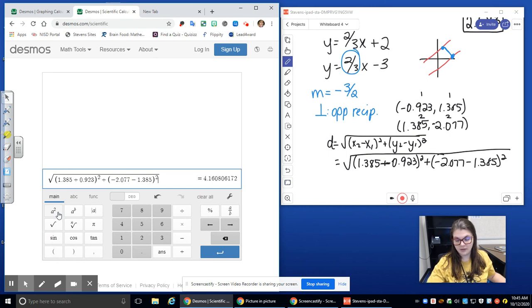And that gives us an answer of 4.1608. Again, remember we need it in the thousandths, so this leaves us with 4.161, and that is your distance between your two parallel lines right here.